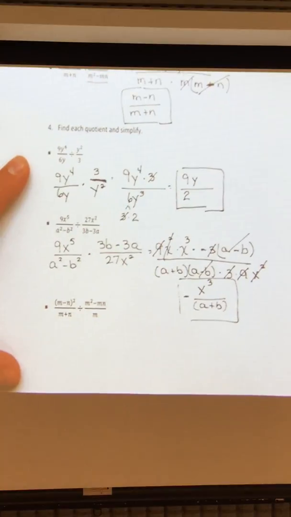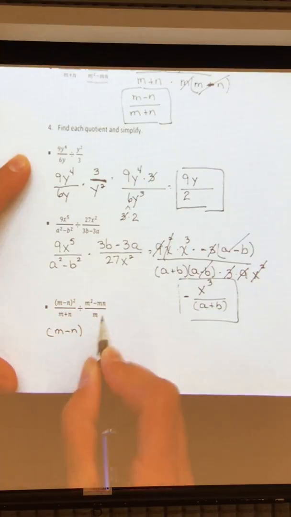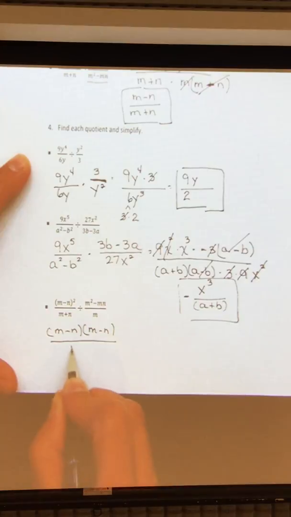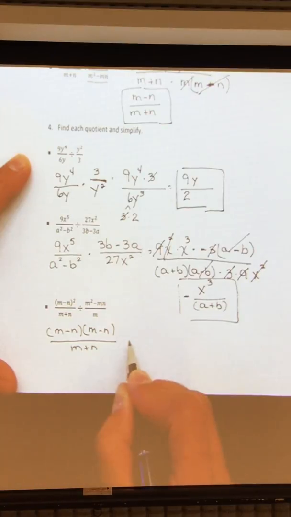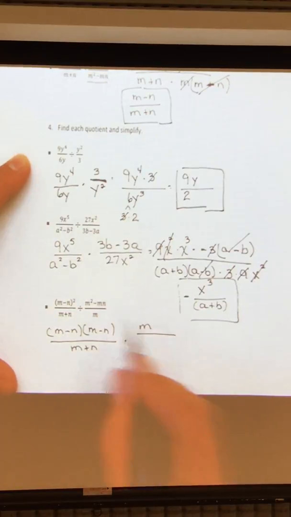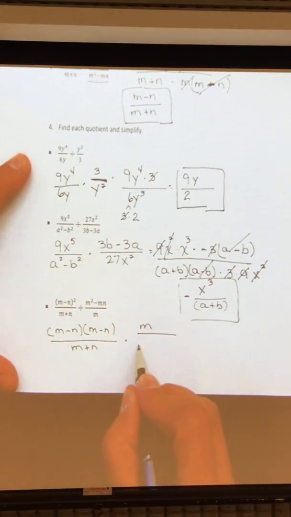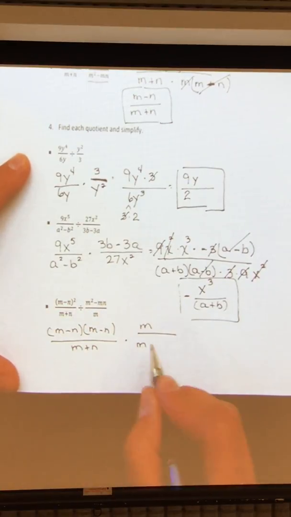The last one of number 4, m minus n squared, is m minus n times m minus n over m plus n. Again, let's flip the second fraction, which means the denominator now becomes the numerator. And let's factor the m squared minus mn by factoring out the m.